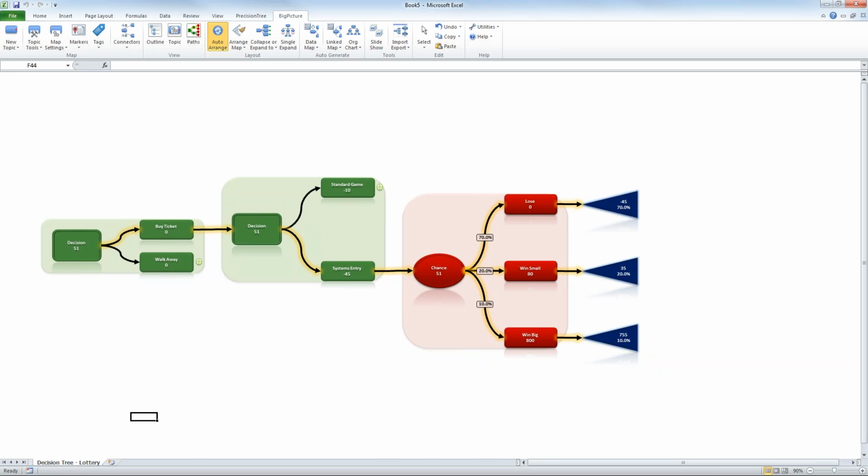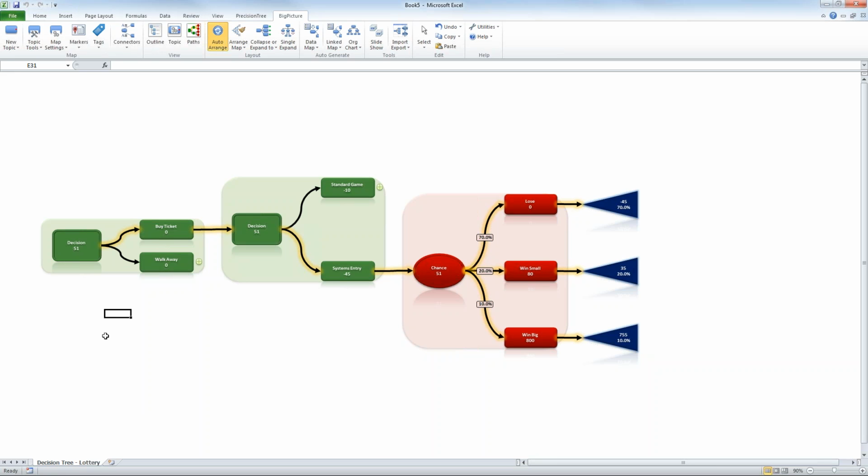So what is BigPicture? And how does it differ from PrecisionTree? Well, I just told you about the nodes and everything like that. The other thing about BigPicture, and I mentioned this earlier, is that we're not locked into just doing it from left to right. If I wanted to, I can easily add more branches and start from something coming from the center of something and building out. And that's what I'm going to show you now.